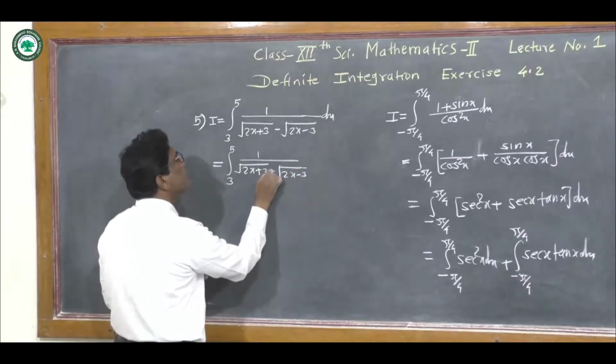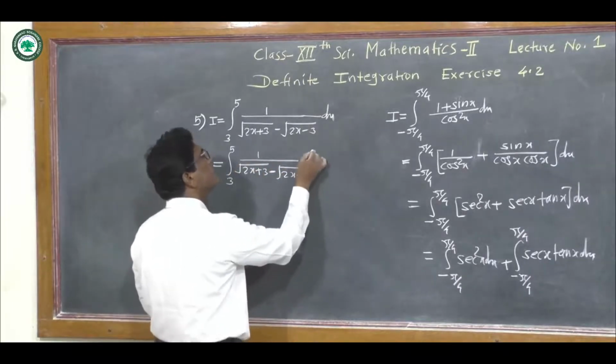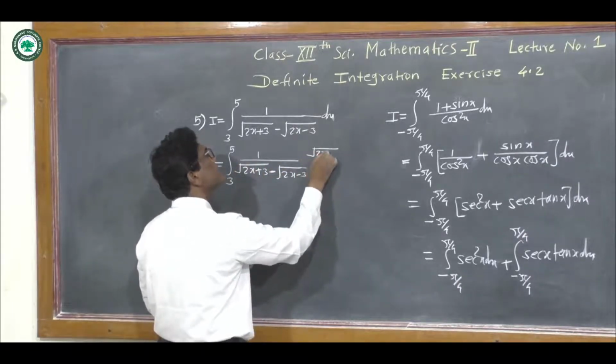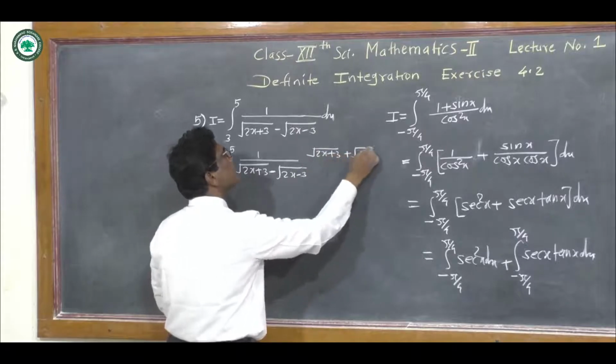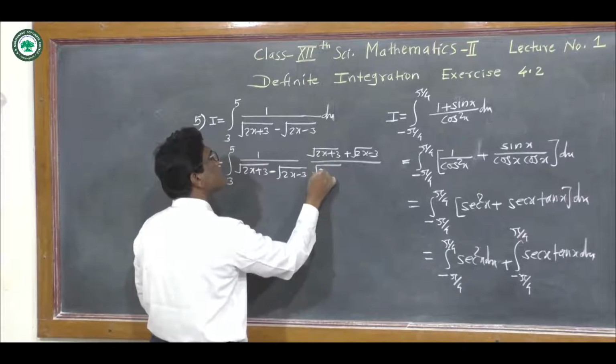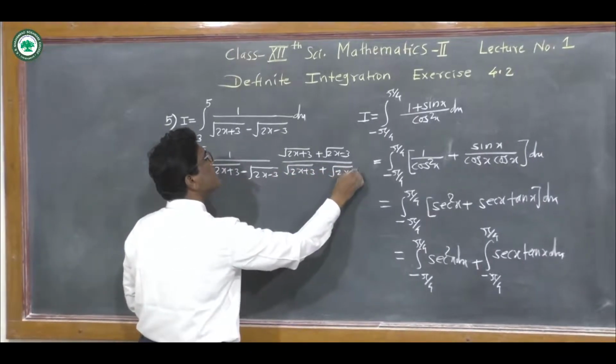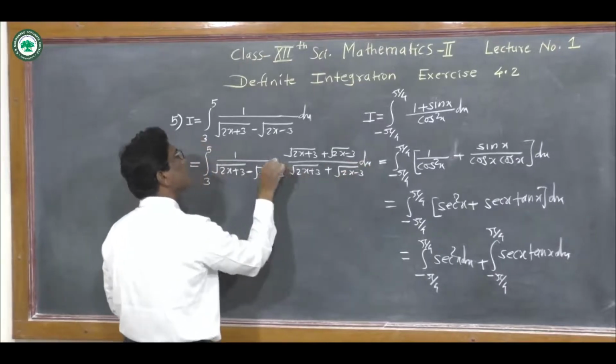Only we take here, instead of minus sign, plus sign, and multiply to numerator and denominator. So it is under root of 2x plus 3 plus under root of 2x minus 3 divided by under root of 2x plus 3 plus under root of 2x minus 3, and right here dx.